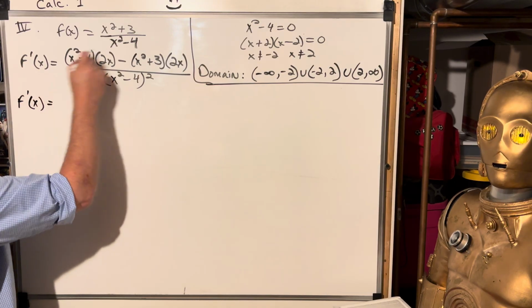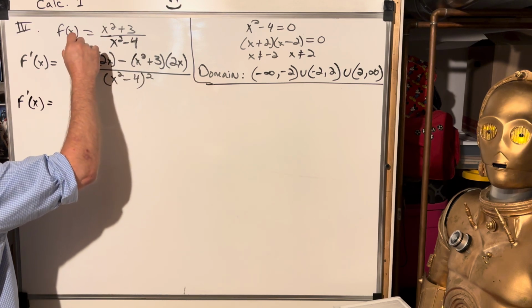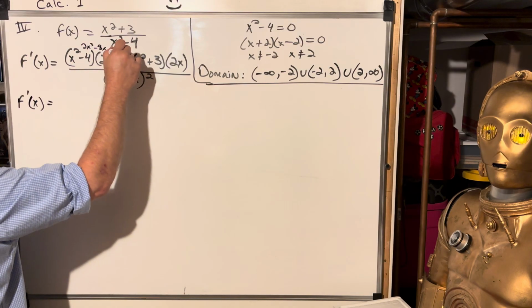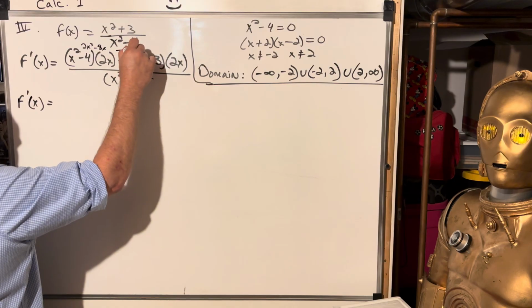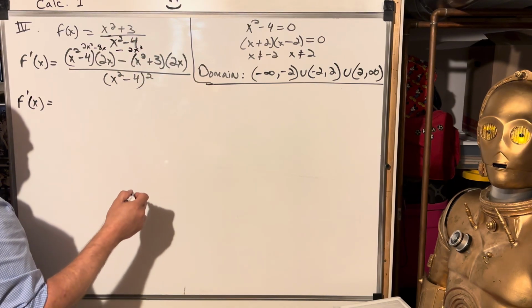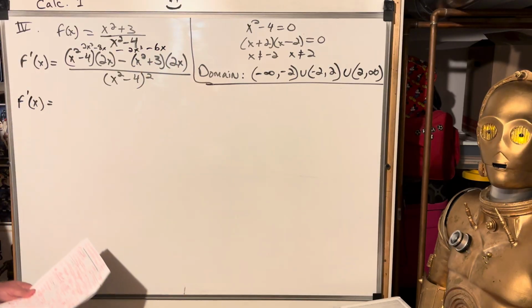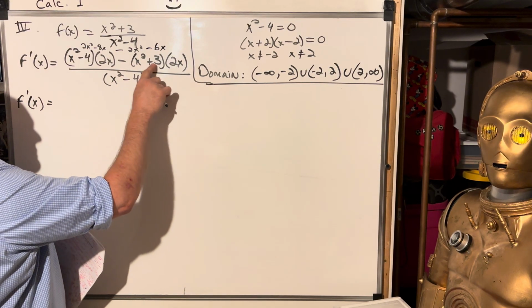We end up with here, to try to save space, let's just do 2x to the third minus 8x, minus 2x to the third, minus 6x. Right? Because you've got the negative 2x times x squared plus 3.